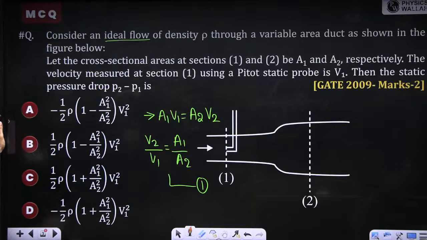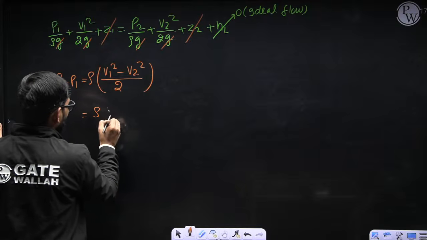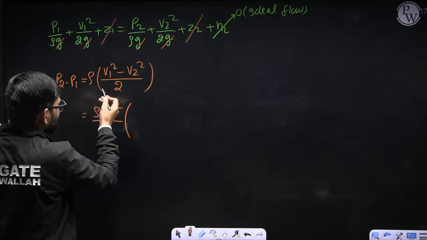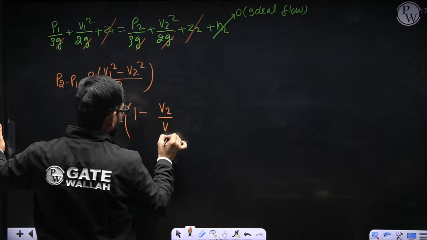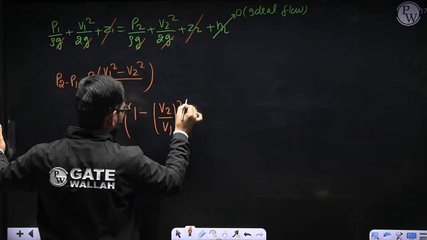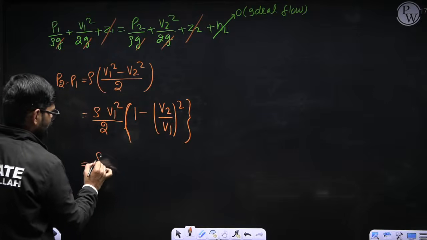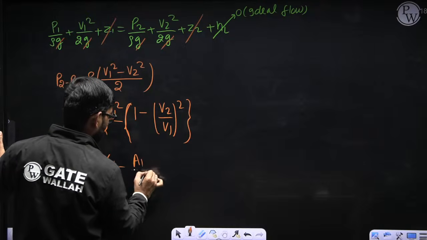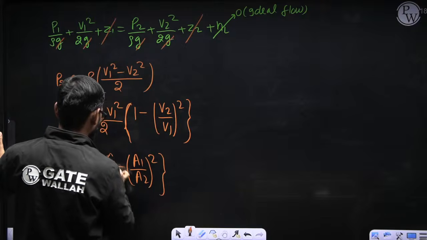Now let me see the options. V1 square we need to take out, so this will come as rho by 2 V1 square times 1 minus V2 by V1 whole square. So this can be written as rho by 2 times 1 minus A1 by A2 whole square into V1 square.